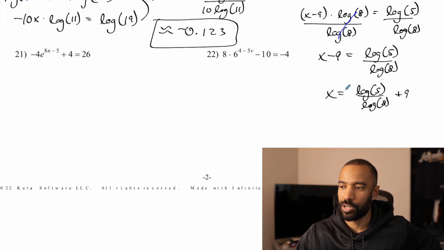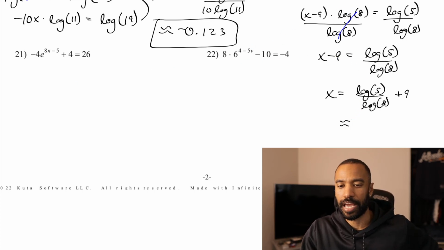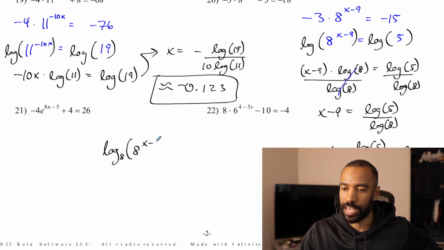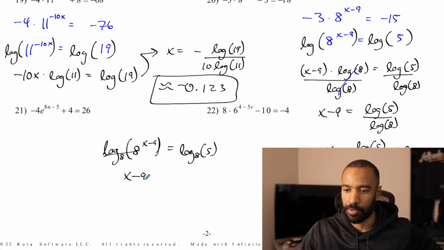If you're uncertain of that, keep in mind how we could have done the problem by logging from the beginning. I could have done log base 8 of 8 to the x minus 9 power equals log base 8 of 5. Those would have canceled to leave me with the x minus 9, and x equals log base 8 of 5 plus 9.